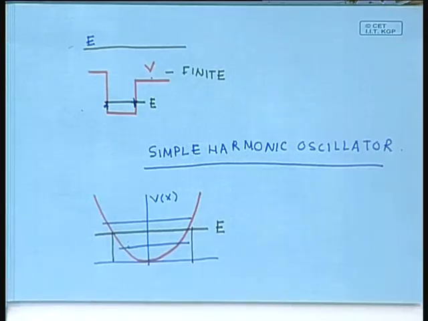Another example is a hydrogen atom. If I have an electron bound within the potential of the nucleus in a hydrogen atom, or in any atom for that matter, so it's an electron bound in the atom, then the allowed energy levels are discrete.